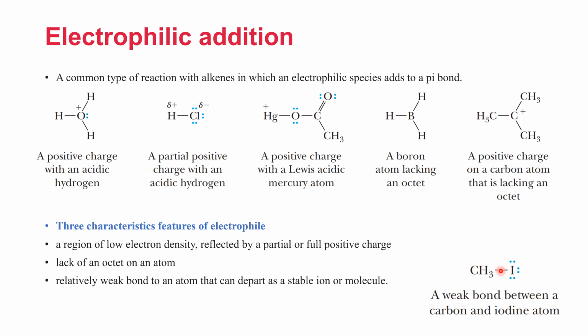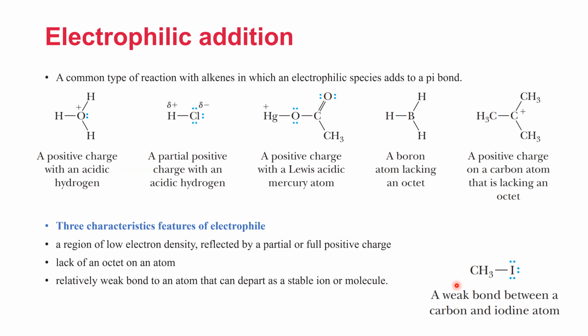So this nuclei and this electron pair are very distant apart from each other, so that's why that can be easily broken. So iodine as I negative can exist, and the CH3 as a positive ion can also exist, and that can be easily broken, and then eventually they will go for making another bond.